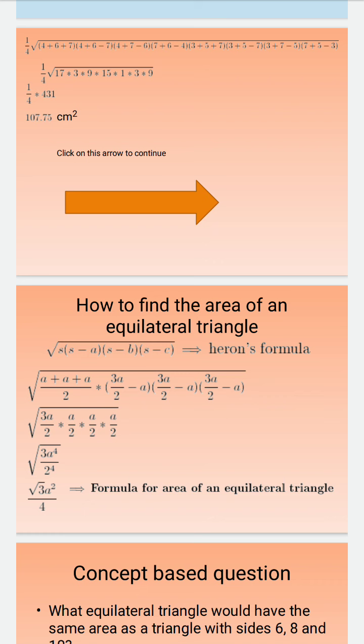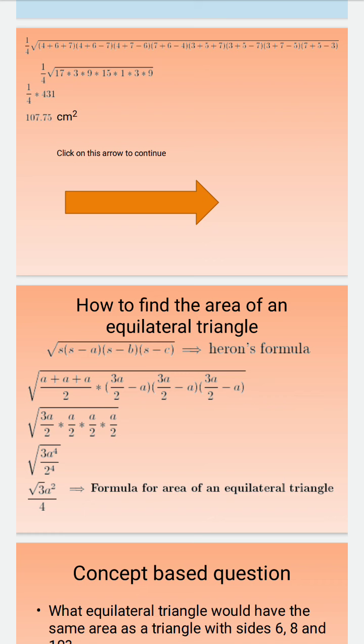For example, if there is a triangle whose all sides are a and we have to find its area, what do we do first? We find the perimeter. In this triangle, perimeter equals 3a and semi-perimeter equals 3a by 2.